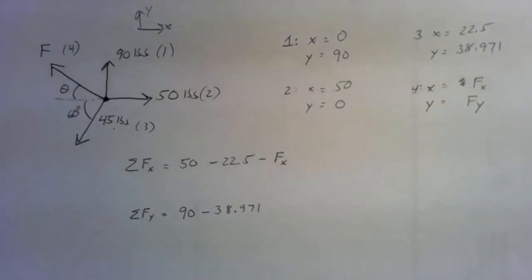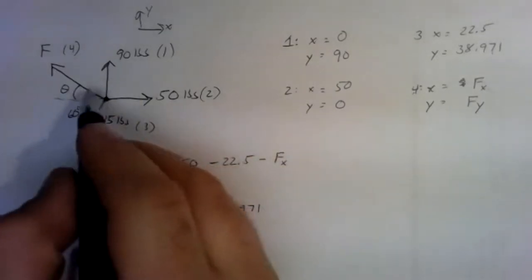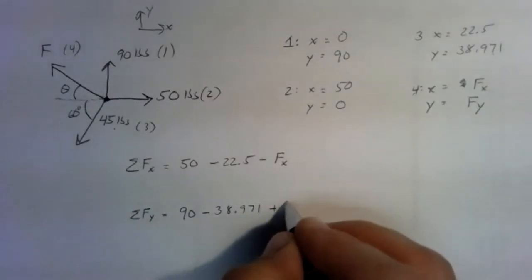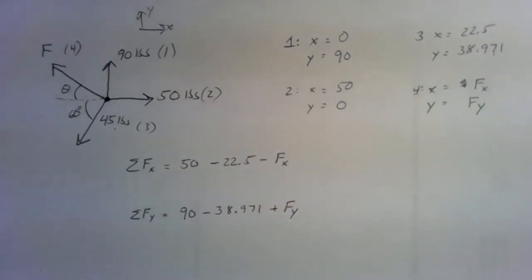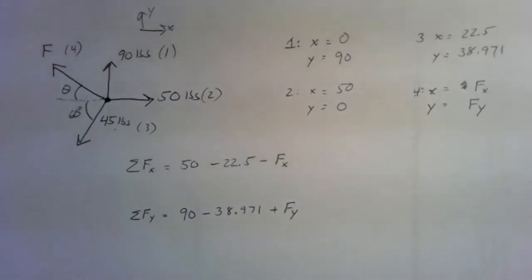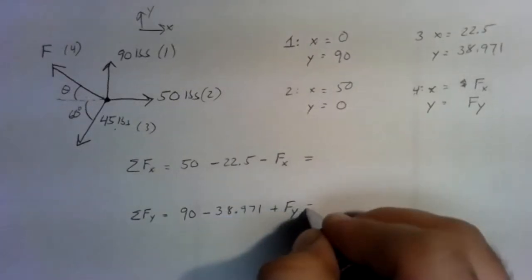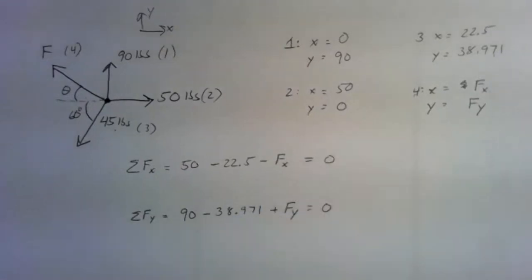And then we've got Fy, and we've assumed Fy pulls up, so we'll put in plus Fy. So there we've got our sums. If this point is in equilibrium, then these sums must add up to 0. So we can say those two sums are 0, and that gives us two equations that we can solve.